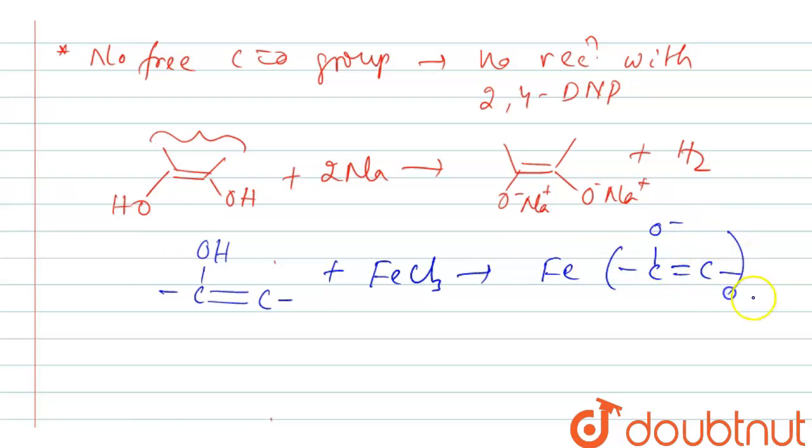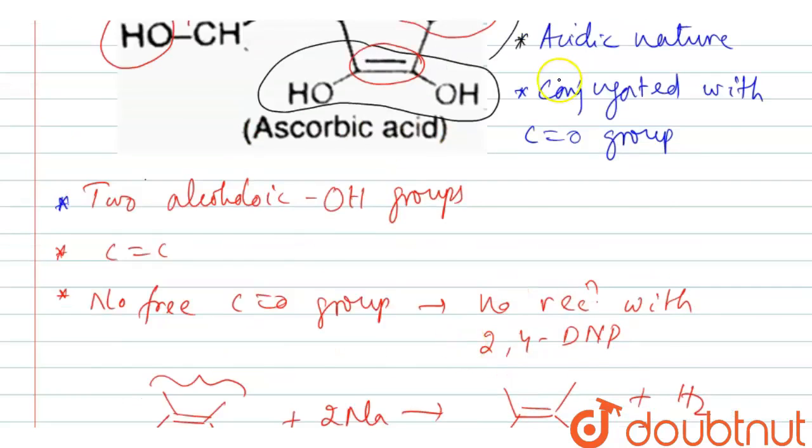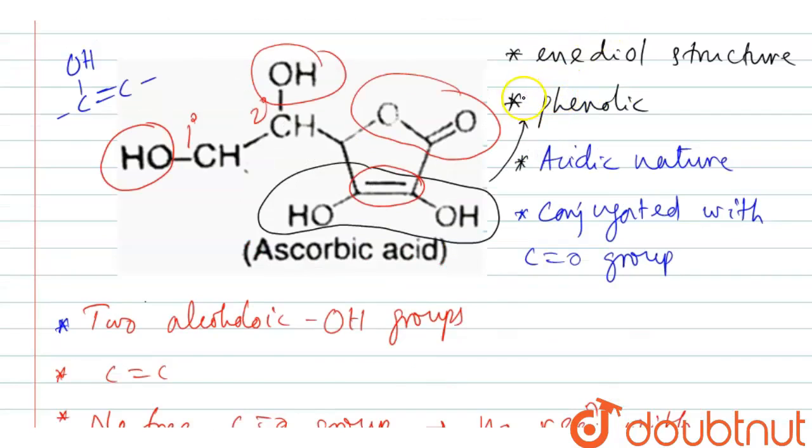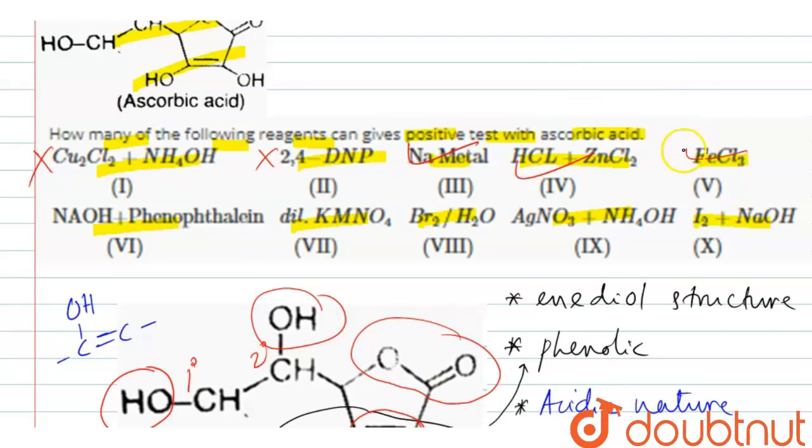So it reacts with ferric chloride solution to form a violet colored complex. Since it is an acid, it reacts with sodium hydroxide with phenolphthalein, that means it discharges the pink color of phenolphthalein.